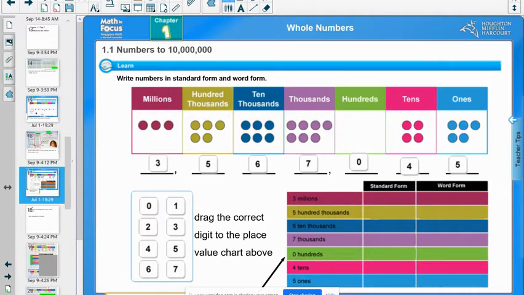So 3,567,045. And then in standard form and word form, there's not a ton of space here, but 3 million would look like, let me grab, I wonder if yellow will show up well in there.